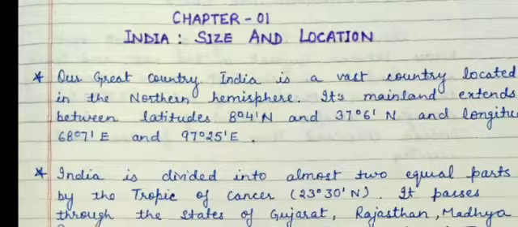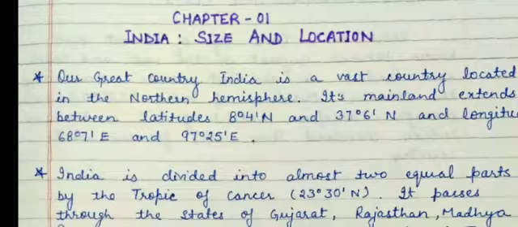In the north it is northern hemisphere, and in the south it is southern hemisphere. Its mainland extends between latitudes 8 degrees 4 minutes north and 37 degrees 6 minutes north, and longitudes 68 degrees 7 minutes east and 97 degrees 25 minutes east.